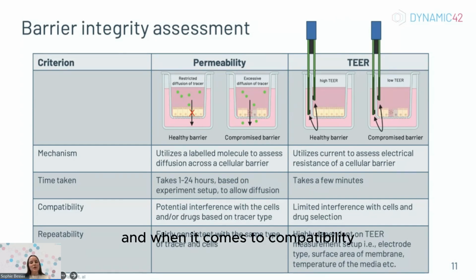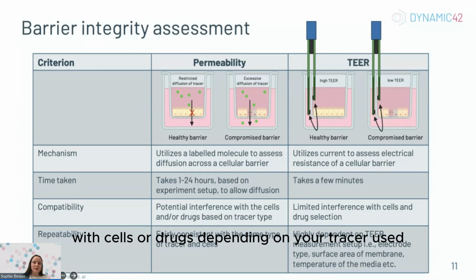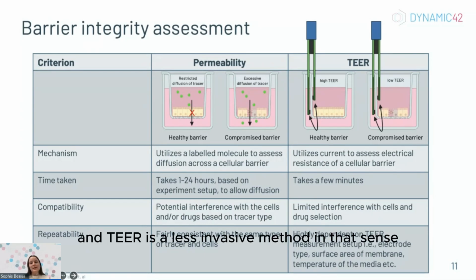When it comes to compatibility, permeability assays could interfere with cells or drugs, depending on the tracer used. TEER is a less invasive method, so it has limited interference with cells and drugs. But its accuracy can be quite sensitive to experimental conditions.